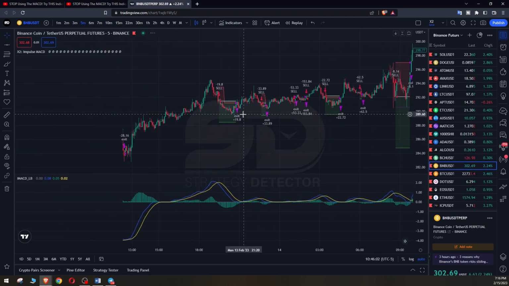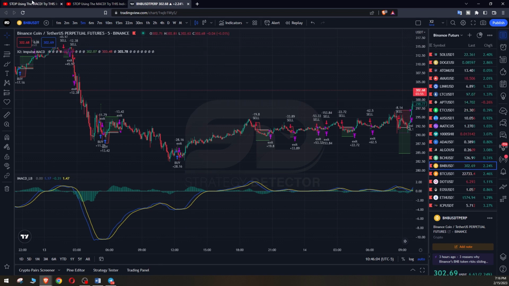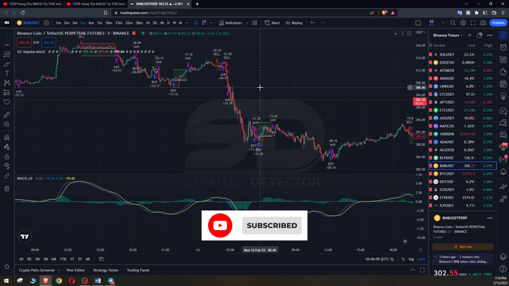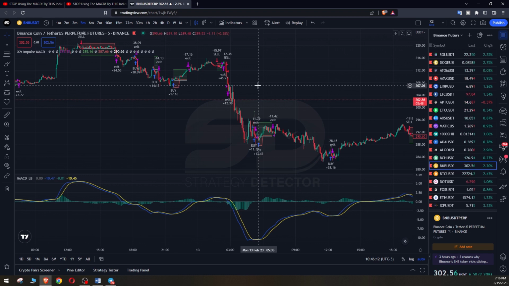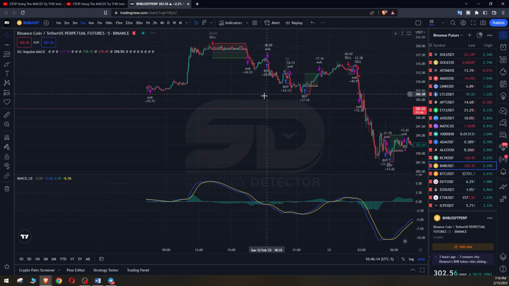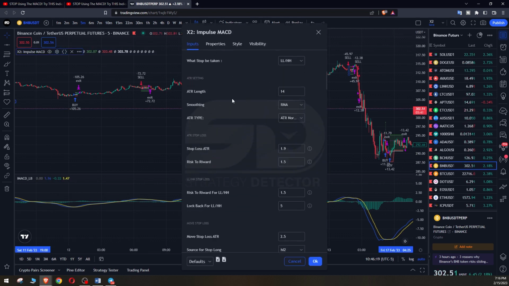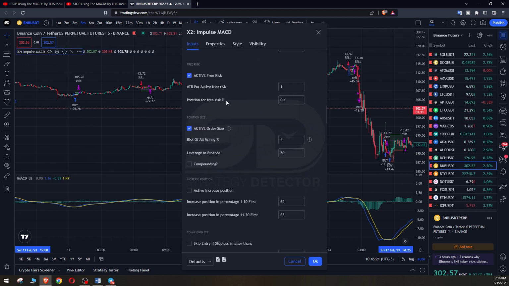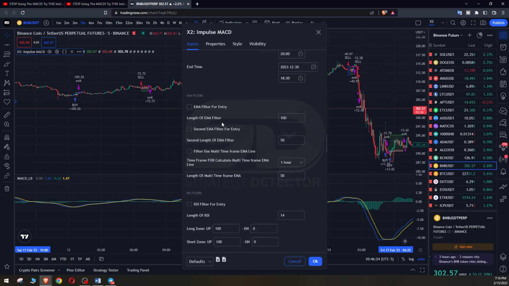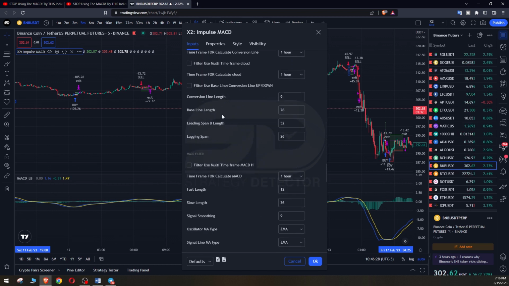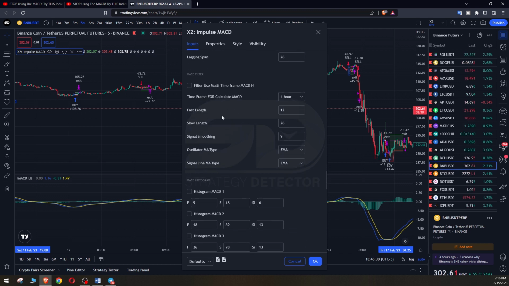In general, this strategy is a completely loss-making strategy, and I hope that those people who watched that video did not lose their money, and I hope they don't use this strategy like this. You can change many different filters in this strategy, for example, EMA filter or RSI filter, different filters of Ichimoku, or filters of multi-time frame MACD.